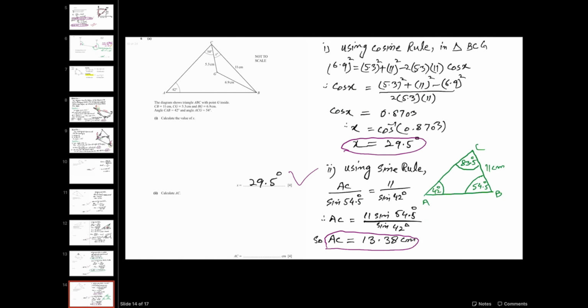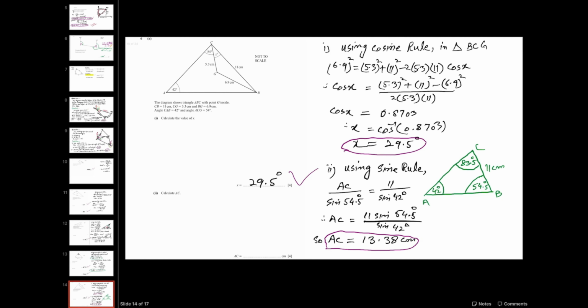Now in this question, the diagram shows triangle ABC with point G inside. CB is equal to 11 cm, CG is equal to 5.3 cm, and BG is equal to 6.9 cm.